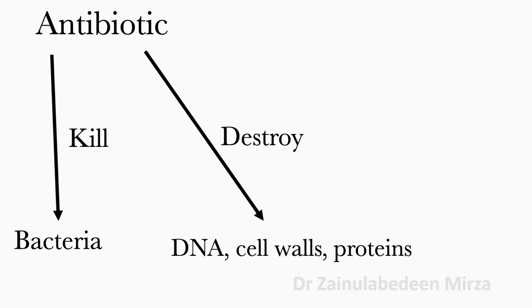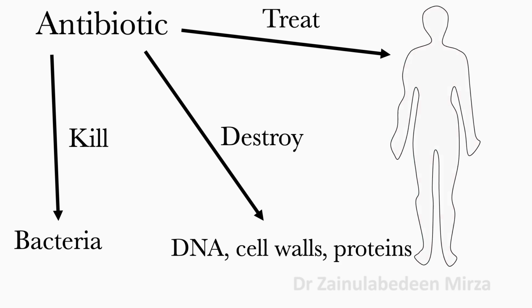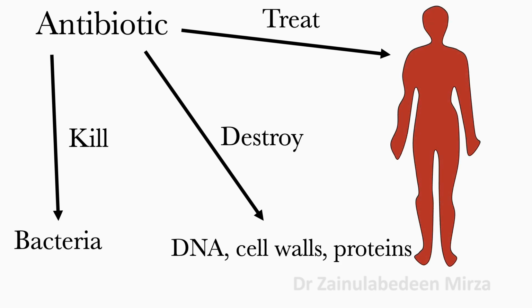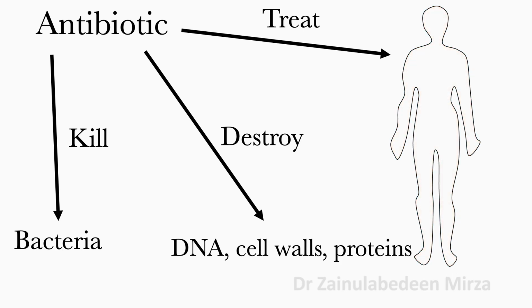In addition, antibiotics prevent bacteria from making specific proteins to stop them from growing. Antibiotics can treat a wide range of conditions that affect many parts of the human body.